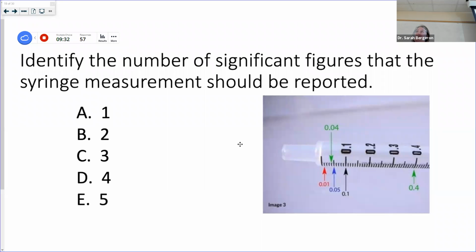I'll give you this hint. What's the rule on any measuring device? Okay, let me rephrase that. I will allow someone to share the answer to that question. I'm not going to give it to you. It was in the lecture. How do I know, just looking at a ruler, how many significant figures to report to?